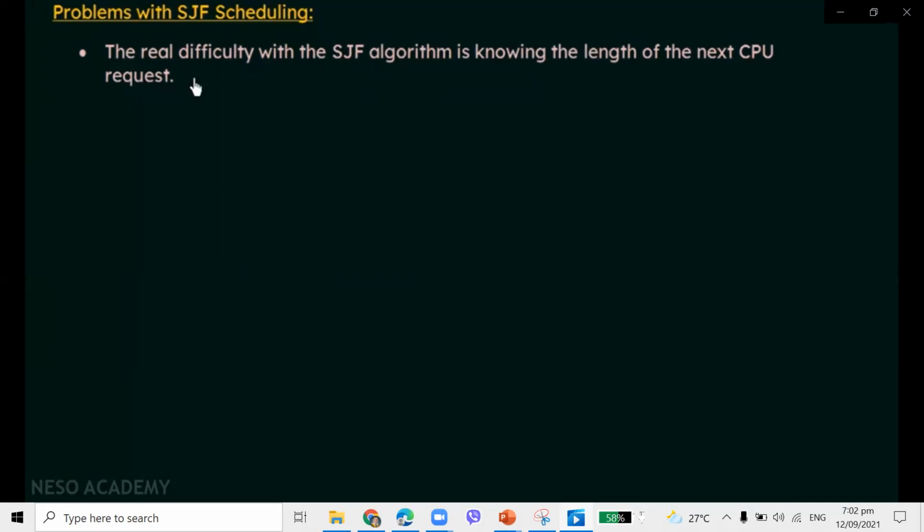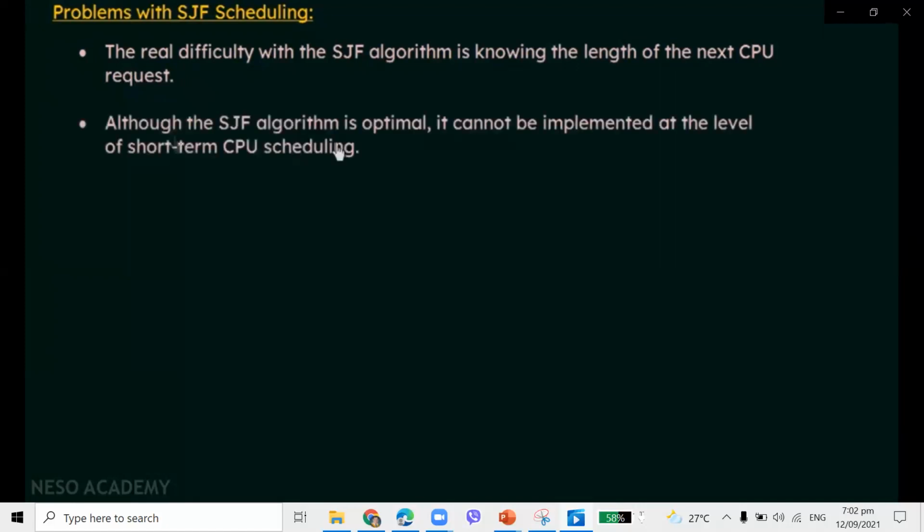But it is very difficult to know the length of the next CPU request. It is not easy to find out what the next burst time of the process will be. We may be able to somehow find out the entire length of a process, but the next CPU burst of the process, that means the next time it is going to use the CPU, what is the amount of time it will take? It is very difficult to calculate that particular value.